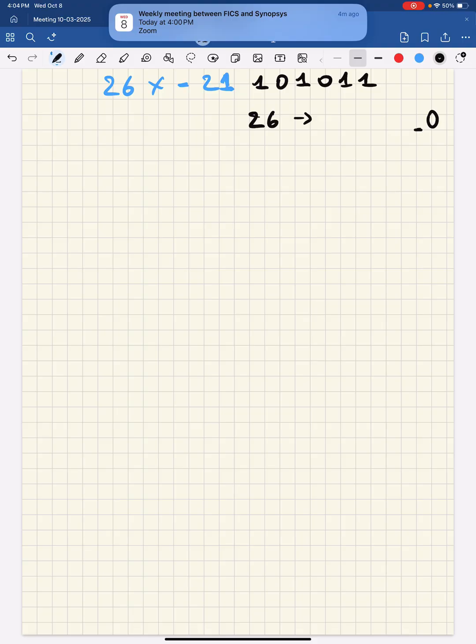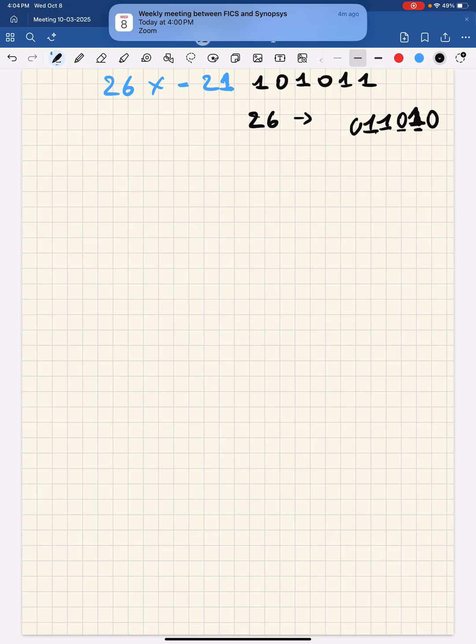And then we'll have the 4. 26 is 24 plus 2, which means 24 is 16 plus 8. So I would have 0 here, then 0 there, then 1 and 1. So that is 16 plus 8, and then we'll have a 2 to complete. The 2 will give us a 1 here. So this is the representation of 26.